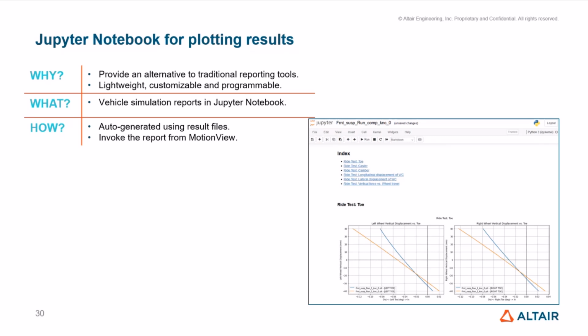They will remain, but this is an alternative which we wanted to try. And you will see this in the 2024.1 and 2025.0 releases. For all the results that you get from vehicle simulation or vehicle models, these are auto-generated, and you can invoke this from Motion View like you invoke the regular reports.